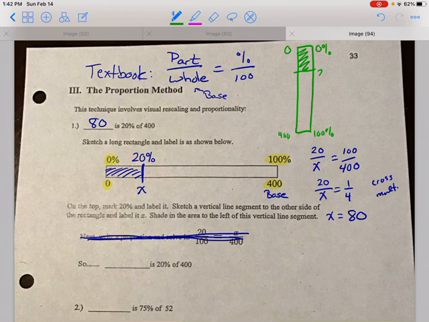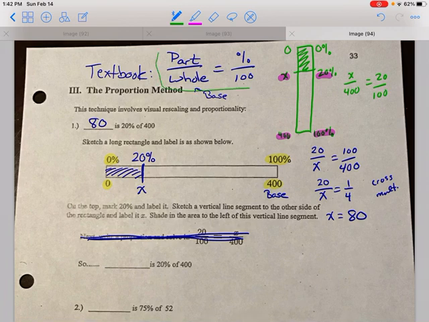Remember, we've got this part filled in, we've got 20%, and we've got X. Now if I go to get a proportion out of this, I'm seeing X over 400 equals 20 over 100.